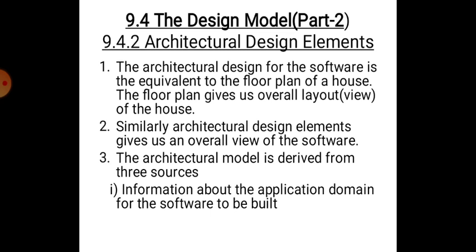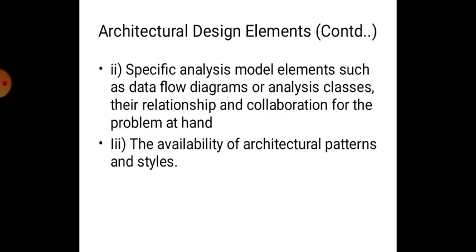Point number 3. The architectural model is derived from three sources. 1. Information about the application domain for the software to be built. Second, specific analysis model elements such as data flow diagrams or analysis classes and their relationships and collaboration for the problem at hand.